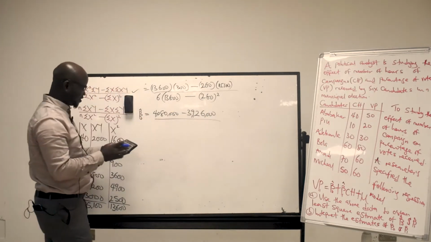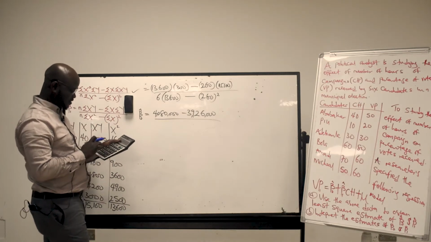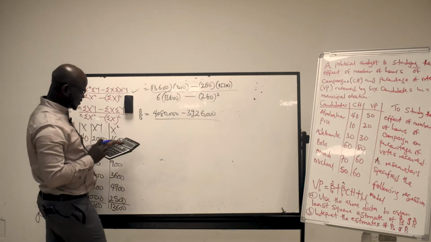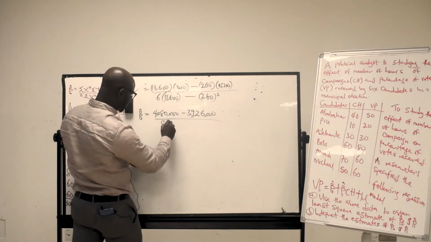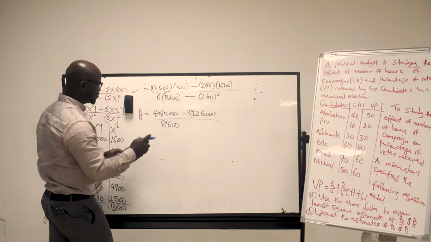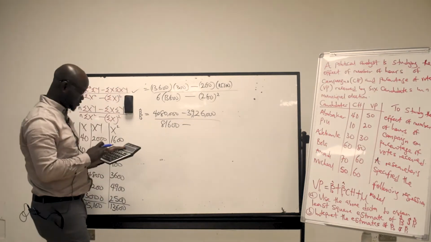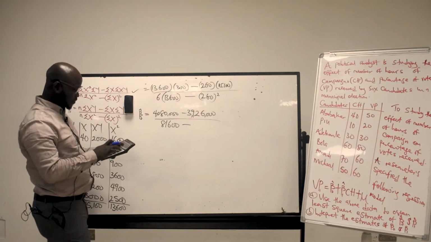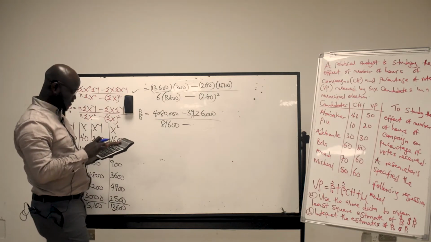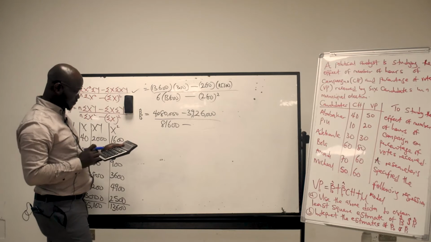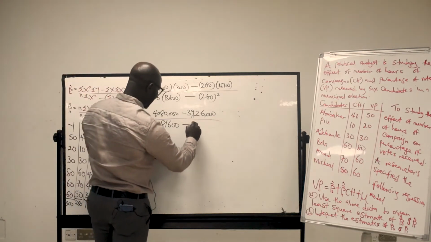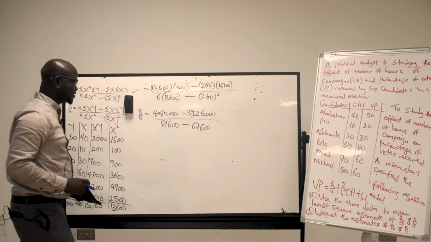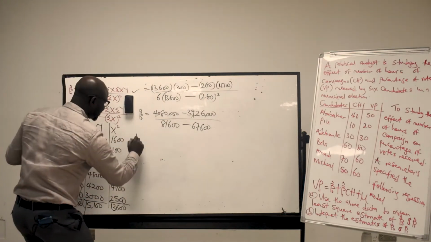So 6 times 13,600, here we have 81,600, minus 260 squared, here we have 67,600.